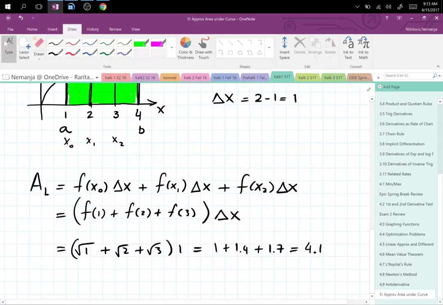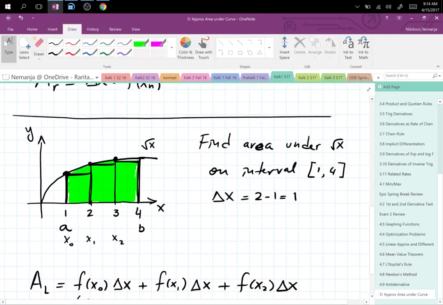Now I can do the same using the right points. If I go to the same picture, and let's say in blue, I pick the right point for each interval, you hopefully see that now you will be overestimating the area.